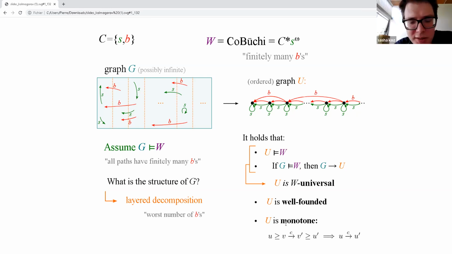And the idea is that if you have these things, then this implies positionality. So the definition of a universal graph, does it include some order or not? No, but monotonicity does, and well-foundedness and monotonicity are of course with respect to the same order.